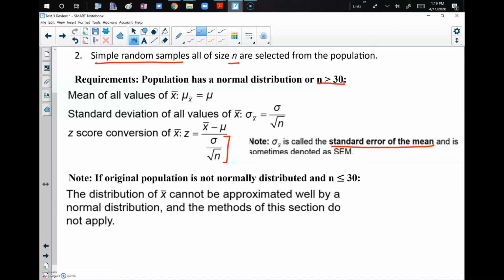If the original population is not normally distributed, and the samples are small, in other words, the samples I'm gathering from that larger population are less than or equal to 30, then this method can't really be used, because it's not going to be a good approximation of the mean and standard deviation. So keep in mind that we do want our sample size to be greater than 30 to use this distribution of the sample means.